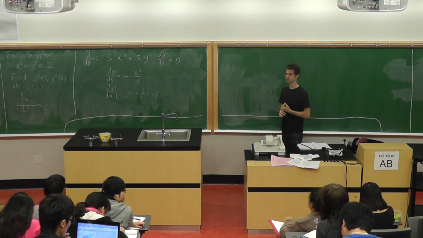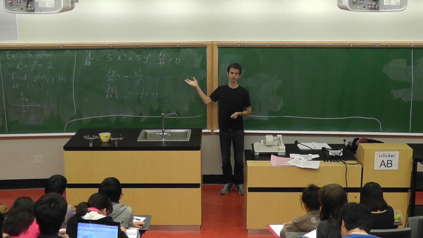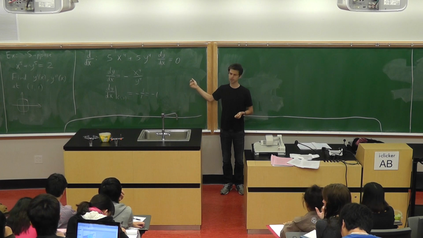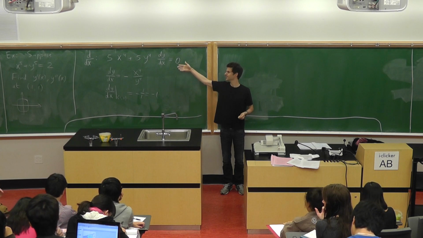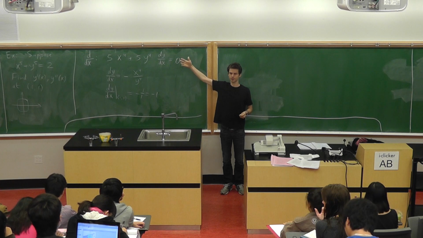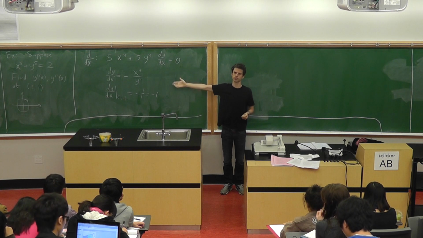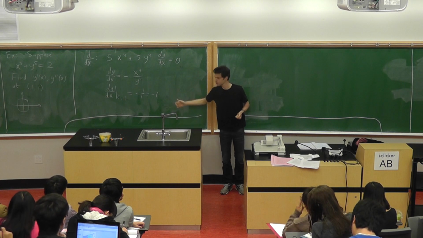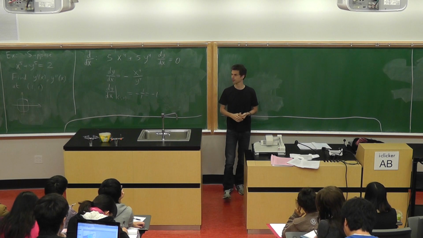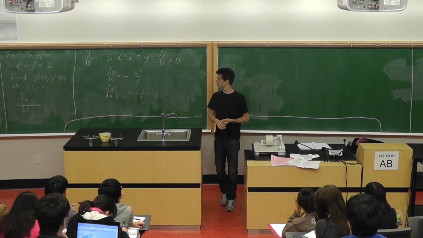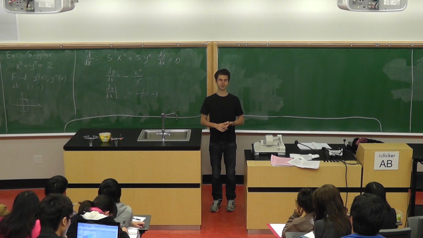Okay, so that's basically just what we did last time. Given an equation, find the derivative of both sides, isolate the derivative, and plug in the numbers. So we answered the first question.